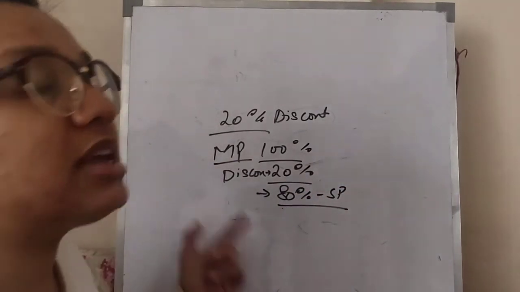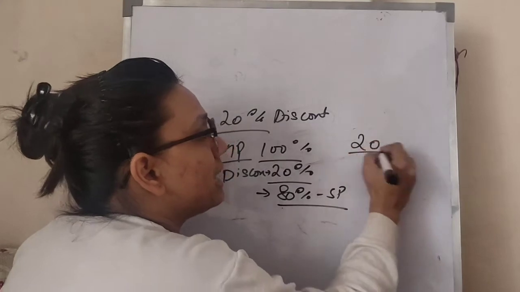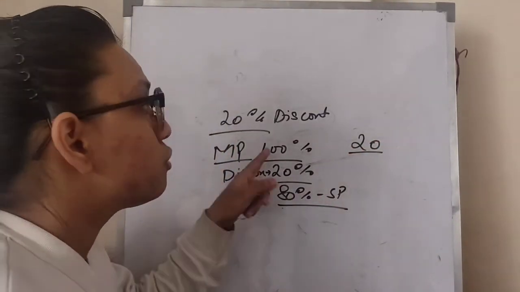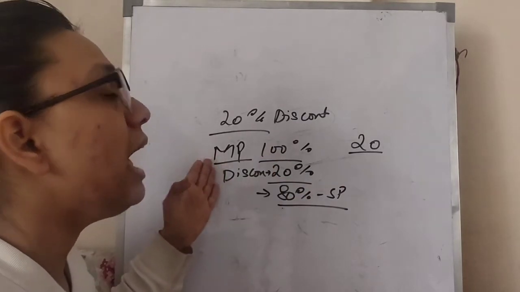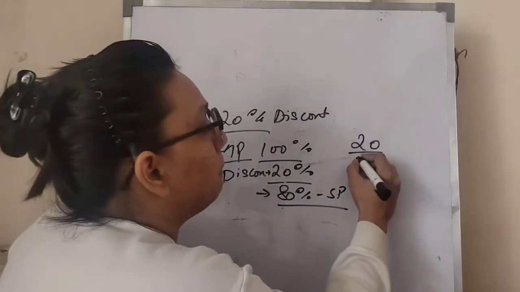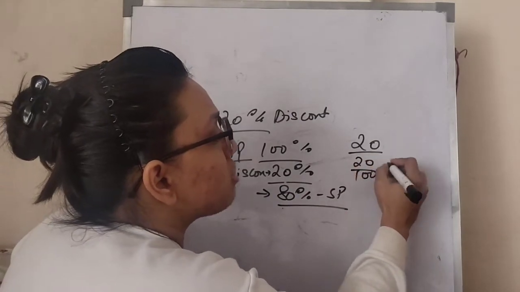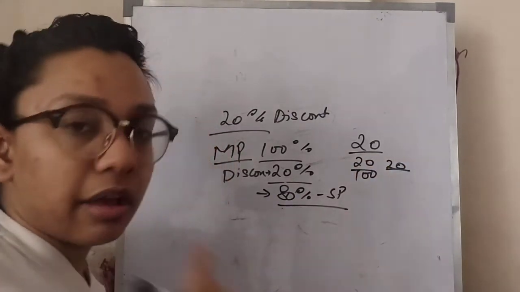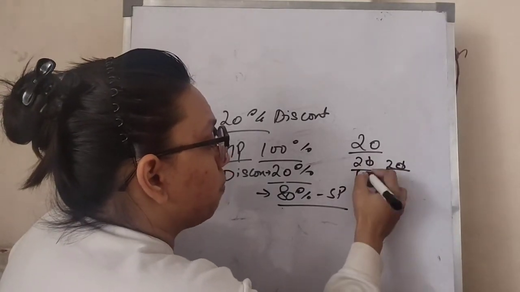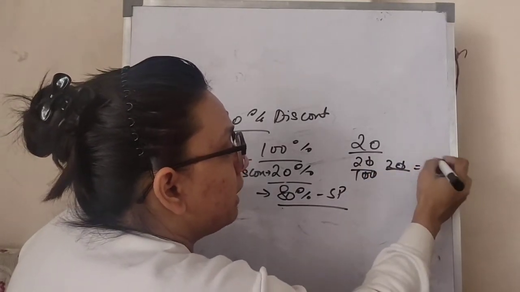For example, if I say 20 rupees is the price of a chips packet, here 100% is my MP of the chips packet. What is my discount? It will be 20% of this 20 rupees, which will be 4 rupees.